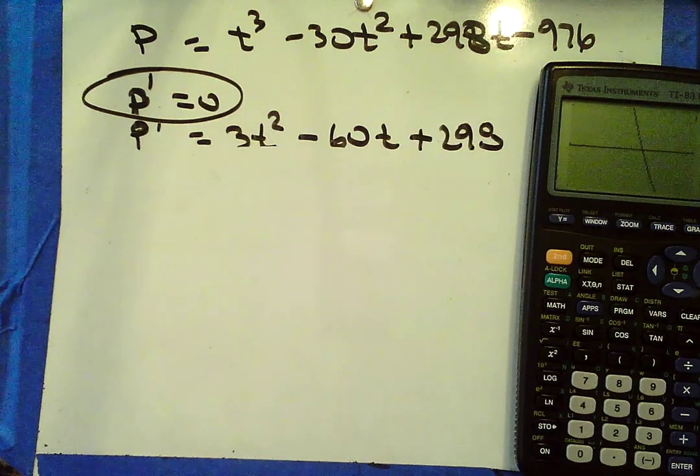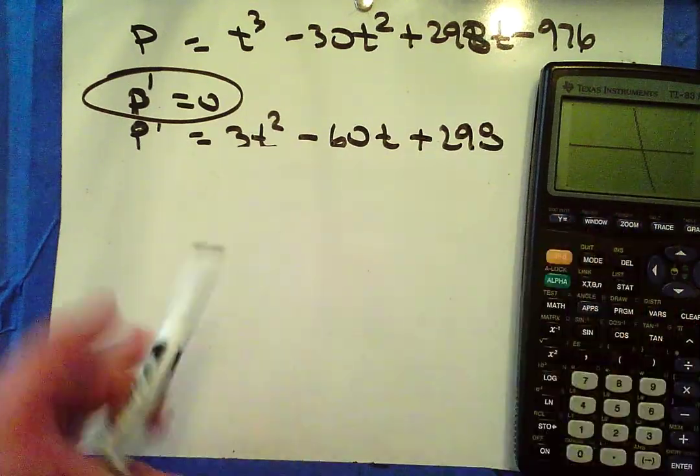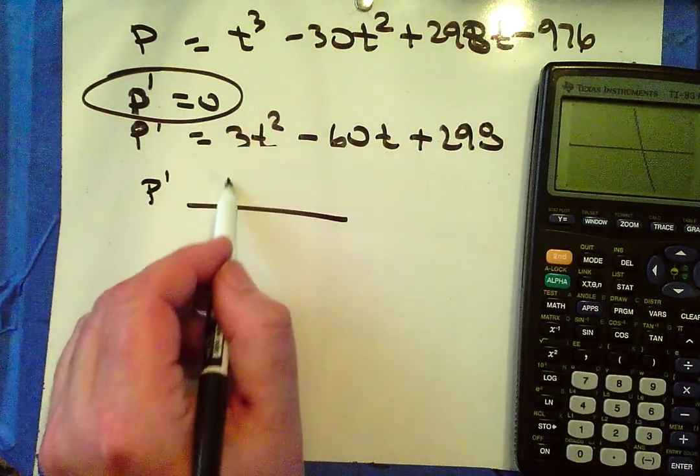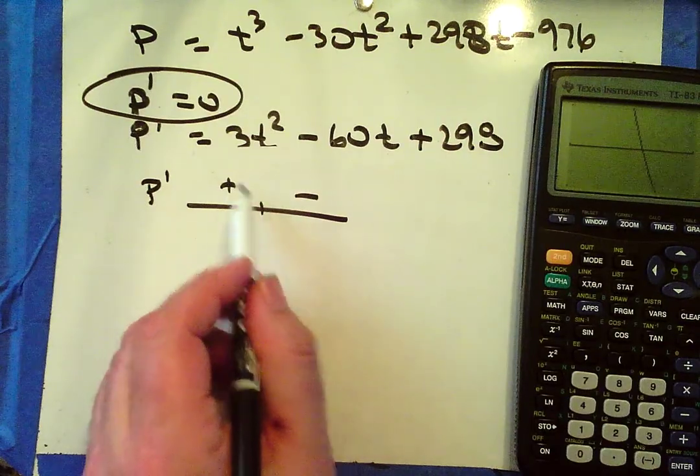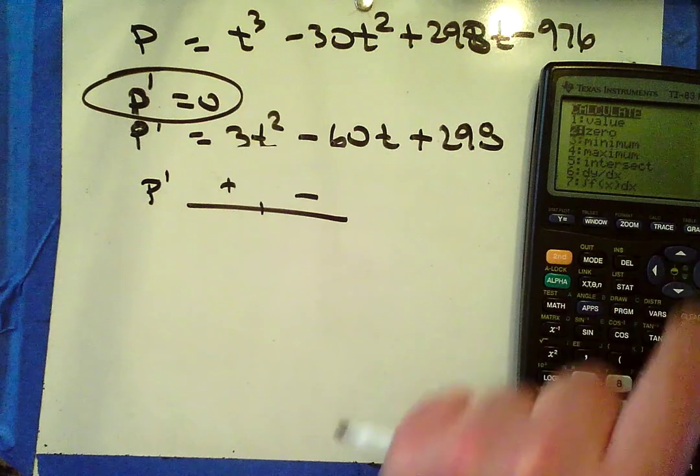Okay. Hundreds of hours, 8 to 10. Well, it looks like there's only this one place where p prime goes from positive to negative, and that's an indication of a max. So let's find that. So I can calculate zero.